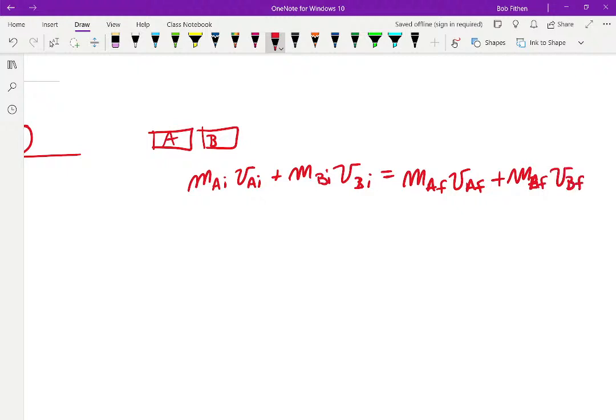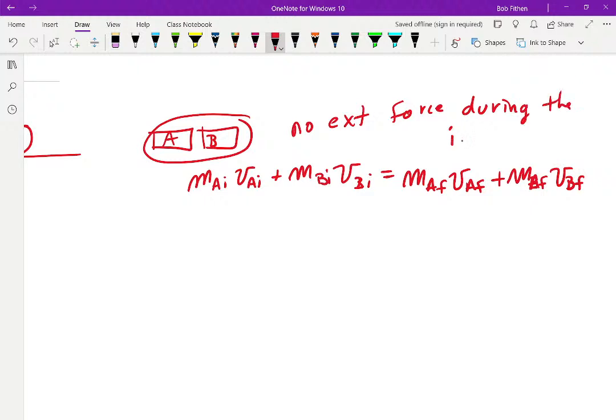Now this is if there are no external forces during the initial time to the final time.